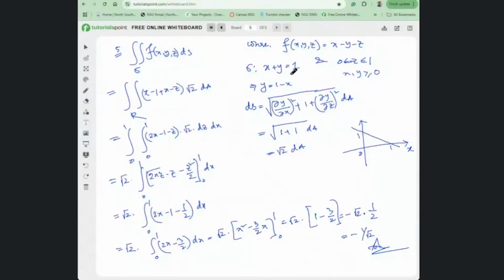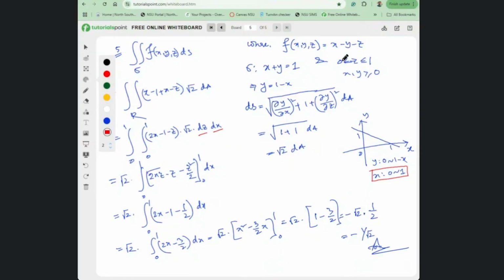x plus y equals 1, this equation in the xy plane, here y is varying from 0 to 1 minus x, x is varying from 0 to 1, but we have taken only this value because we need only the limit for dz and dx.